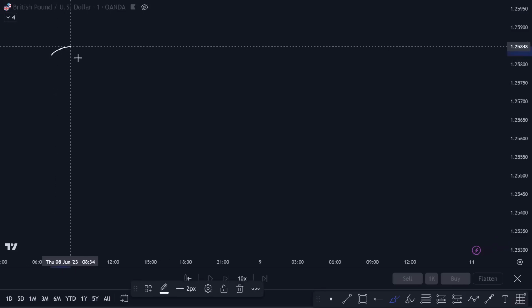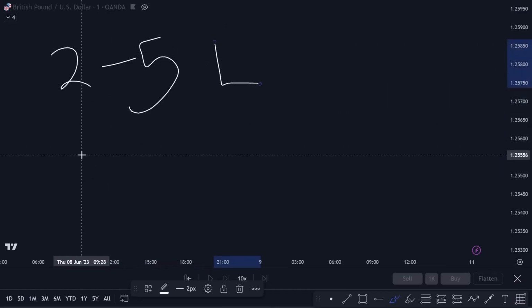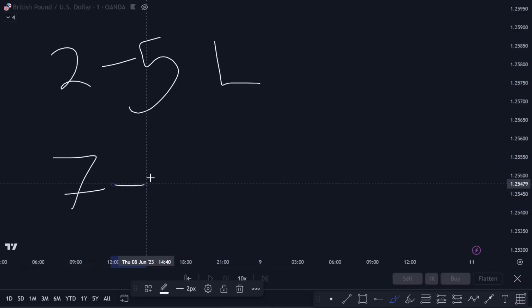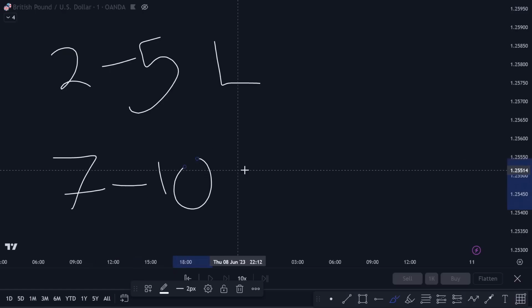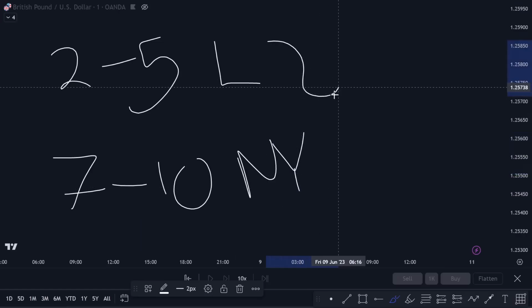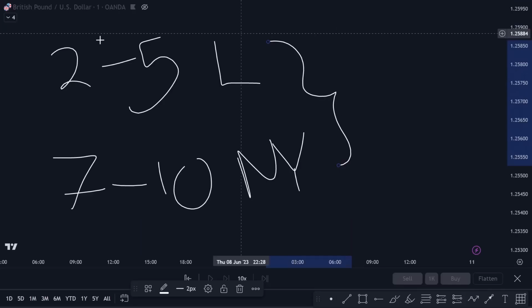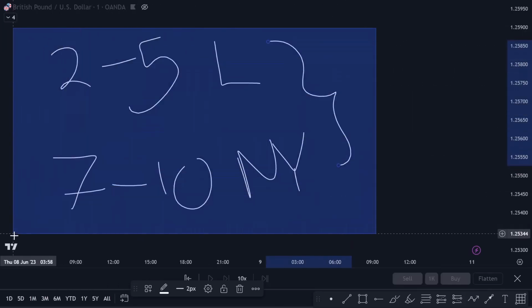London kill zone is from 2 to 5, of course, Eastern time, New York time. And then 7 to 10 is the New York kill zone, also New York time. So we're gonna trade both those kill zones, and we're gonna find the setup only from 2 to 5 and 7 to 10. This is something that we need to follow.